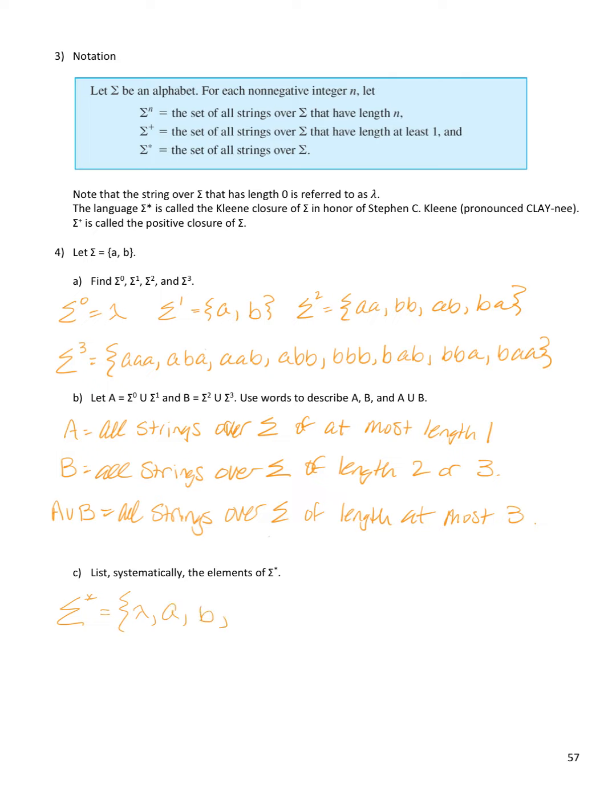And then we could write down all the strings of length 2, which would be AA, AB, BA, and BB. And then all the strings of length 3, which we did in part A, so I'm just going to copy them.